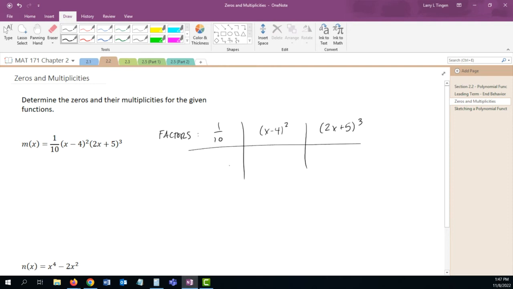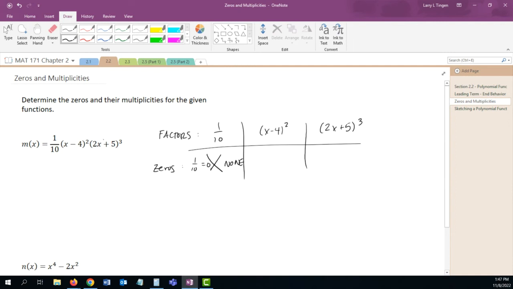All right. Now, what do they want? They want zeros. So literally take your factor, set it equal to 0, and solve. 1/10 equals 0. Does that make any sense at all? No. None. Of course, it doesn't have a zero. It's just a constant.